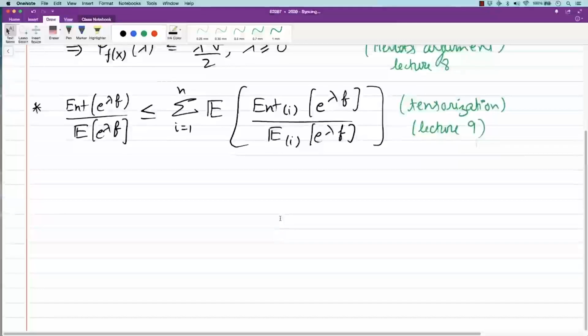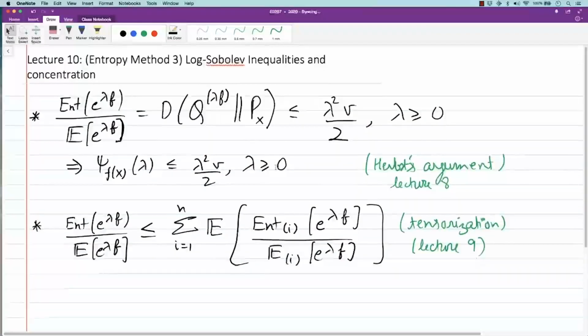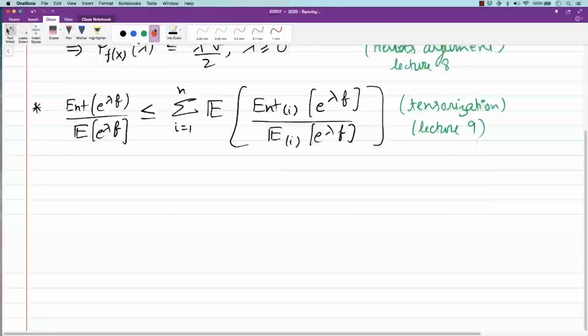Now, Log-Sobolev inequalities had a very rich and successful existence before they were applied to concentration bounds as well. So we can first present those inequalities without showing how they can be used for concentration bounds.